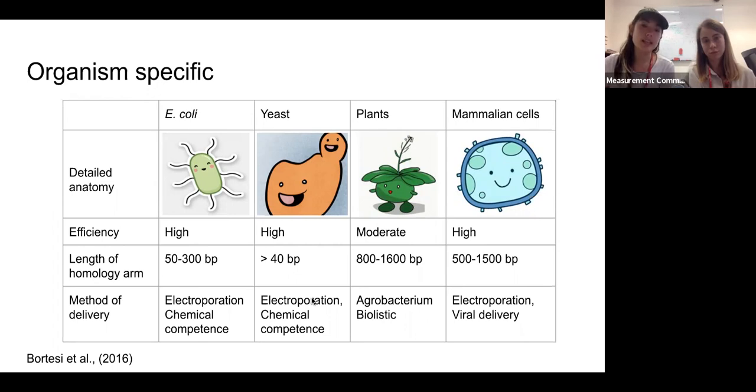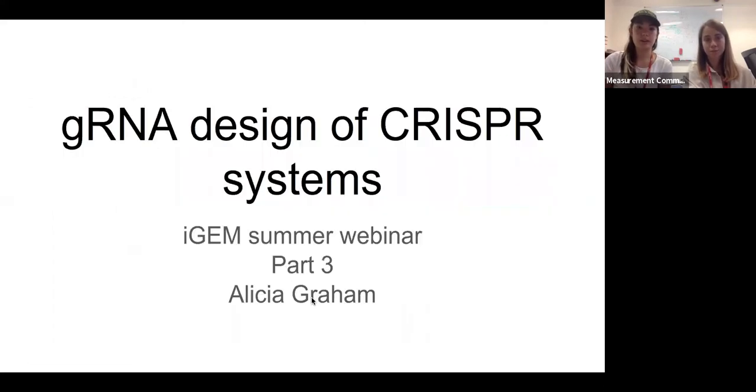And the second thing is to make sure in the organism that you're using, what kind of repair mechanism is there and if that is compatible with CRISPR. Some strains already have deletions in certain repair systems to make CRISPR easier. So those are two last things that I would recommend when choosing. All right, that's it for the experimental bits.